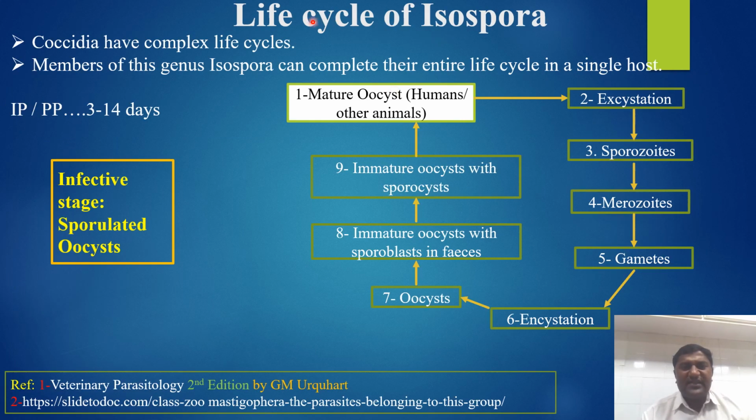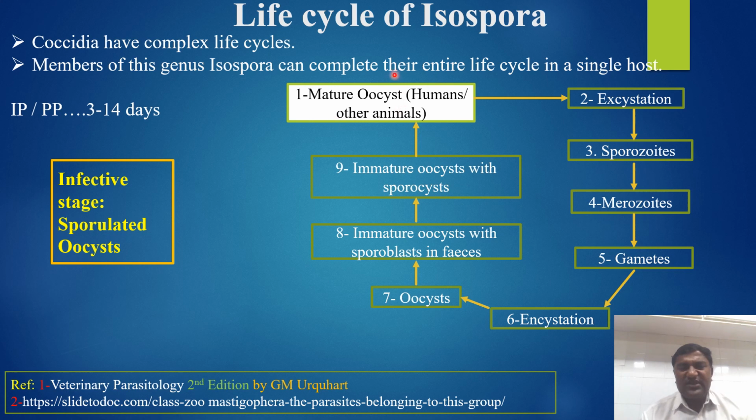So this is the life cycle of Isospora, and coccidia have complex life cycles. The members of this genus, Isospora, can complete their entire life cycle in a single host.